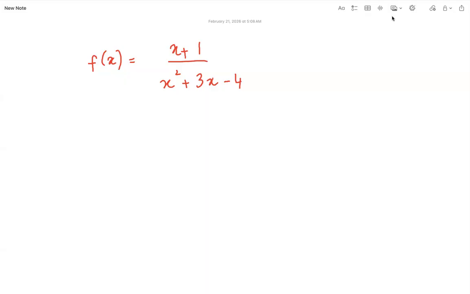Yeah, good job. Send the vertical asymptotes. Are there any holes? That was quick. Could you send a message in the chat so I can type?